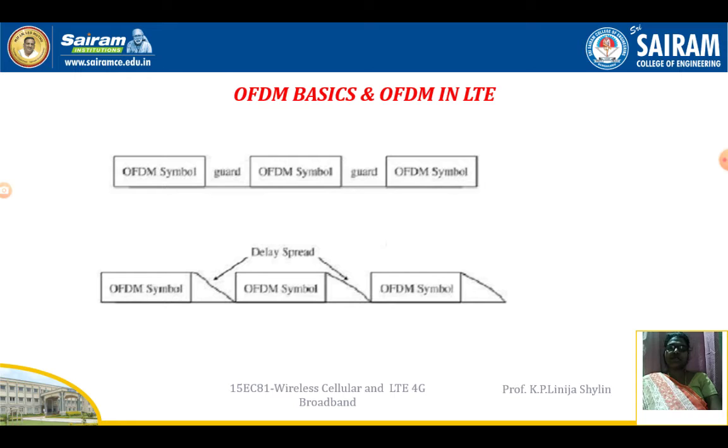This is the OFDM symbol, and between two OFDM symbols we give a guard time represented by TG, so that each OFDM symbol is independent and interference is avoided. Also the delay spread: we already studied wireless channel parameters. There are 4 types of wireless channel parameters: coherence bandwidth, coherence time, angular spread, delay spread, and Doppler spread. Here the delay spread, represented by tau, plays a vital role.